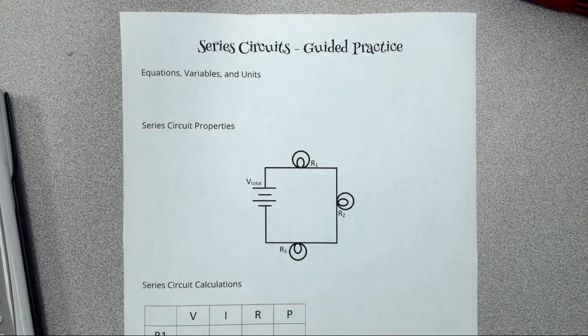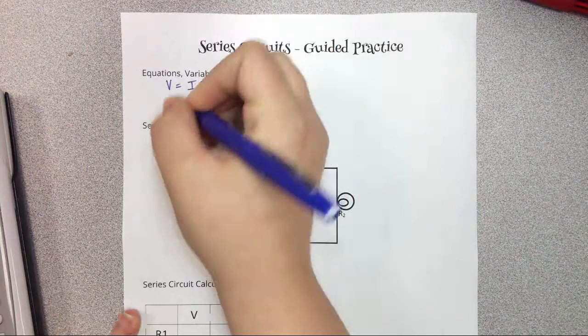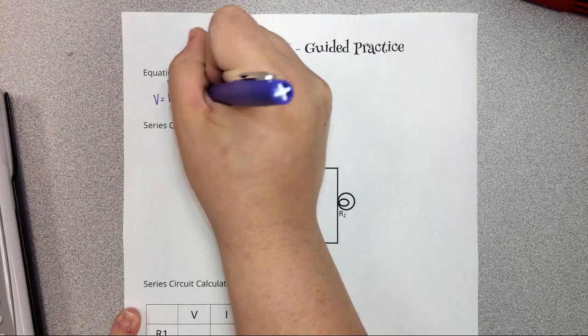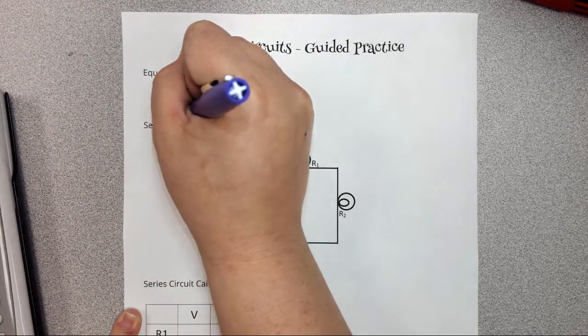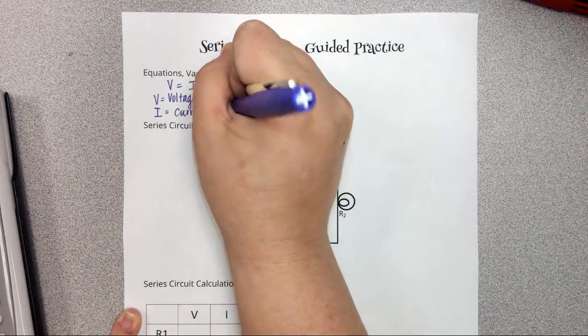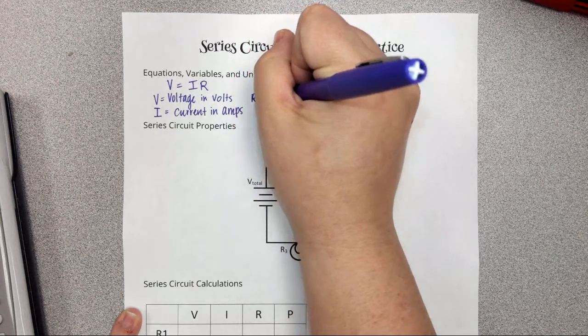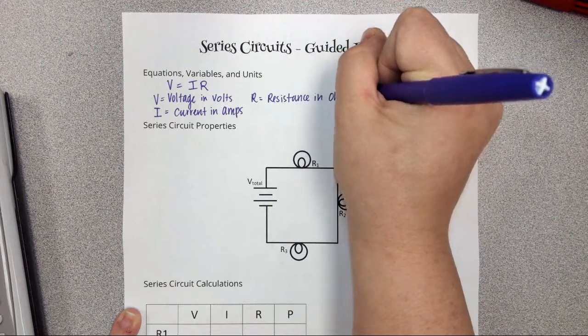This video will be to work through using an Ohm's law table on a series circuit. So the equations that we're going to be using to do these calculations are V is equal to IR, and V is for voltage in volts, I is for current in amps, and R is for resistance in ohms.